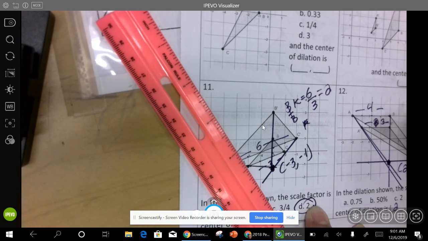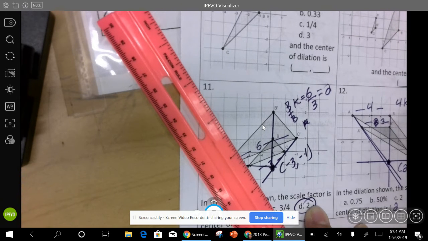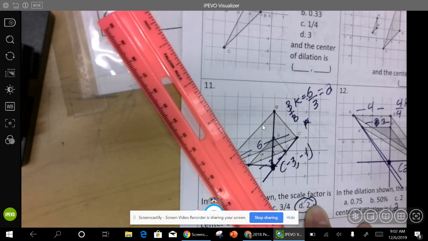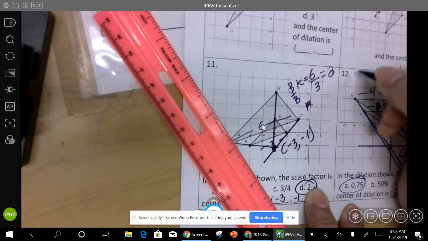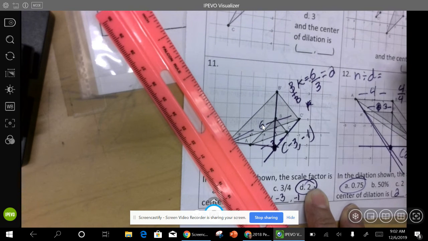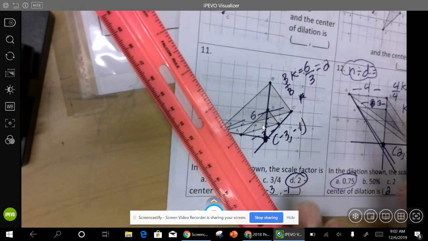Okay, so it goes to 4, goes to 3, divide each side by 4. Okay, and that's 3/4 or 75 hundredths. Everybody remember, top number or numerator divided by the denominator is going to give you the decimal. Okay, so that's the way to remember it.